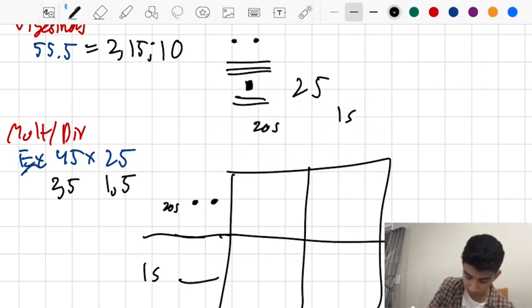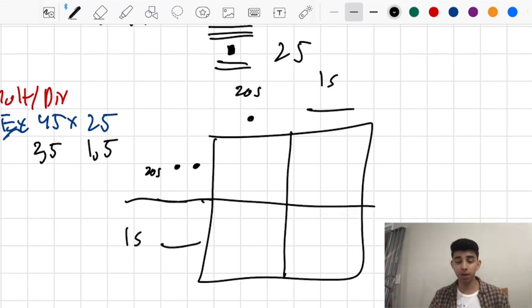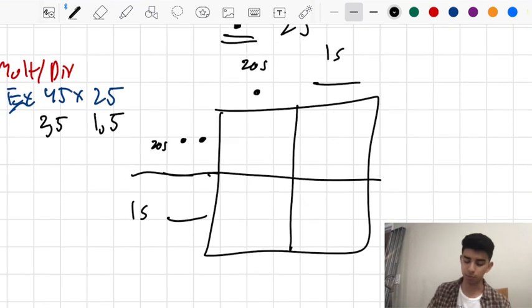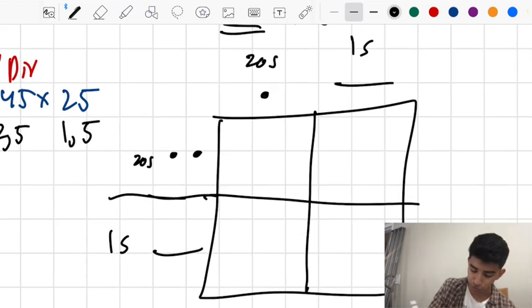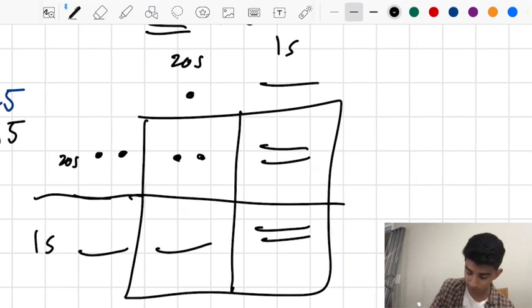So then here we'll have the 1 dot for the 20s and the bar for the 5. So then we just use an area model type multiplication, which is used by high school and middle school teachers to help with the understanding of multiplication. So we can just do the 2 times 1 here, 2 times 5, 5 times 1, 5 times 5.